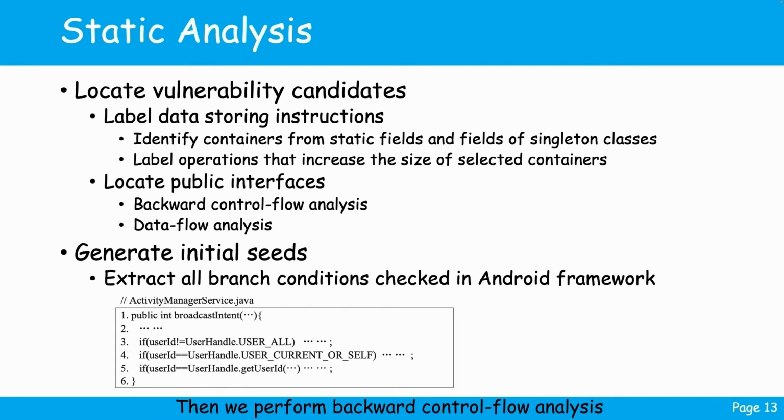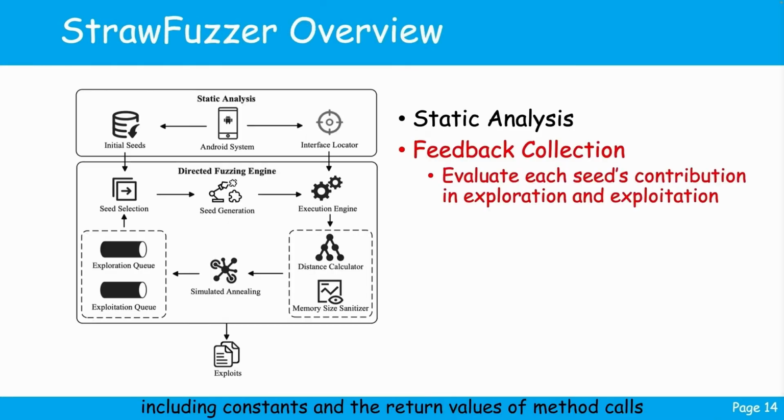Then we perform backward control flow analysis and data flow analysis to locate the service interfaces that can inject data to these containers. For the selected interfaces, we generate initial states for them by extracting all branch conditions checked in the code, including constants and the return values of the method calls.